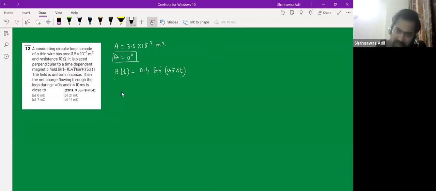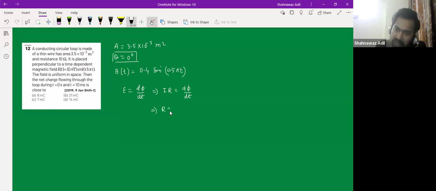So what is the relation? Induced EMF is d phi by dt, and E is IR, and this is d phi by dt. So I is how much?